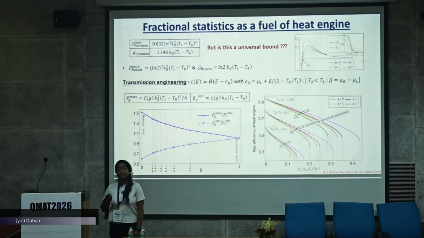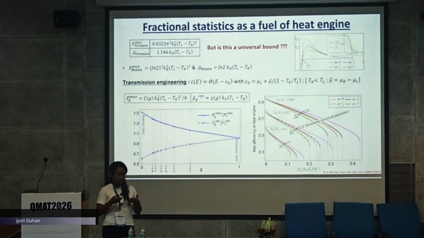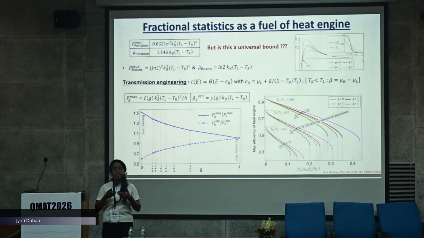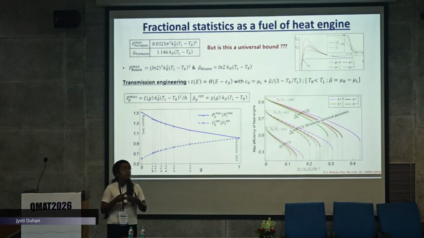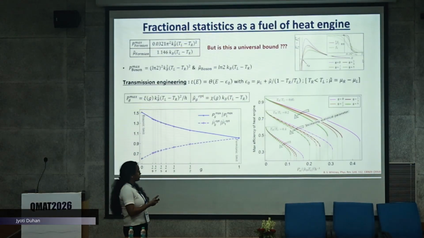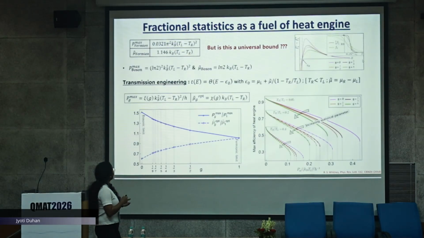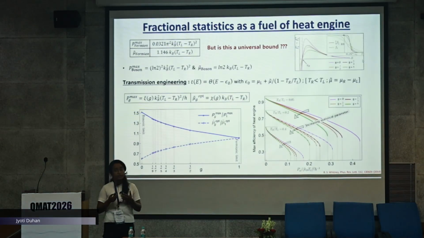Whitney showed a limit: for a fixed temperature bias, if you optimize the transmission function and the chemical potential bias, there is a universal bound on the maximum power output of a heat engine. But this is the bound for fermionic carriers.